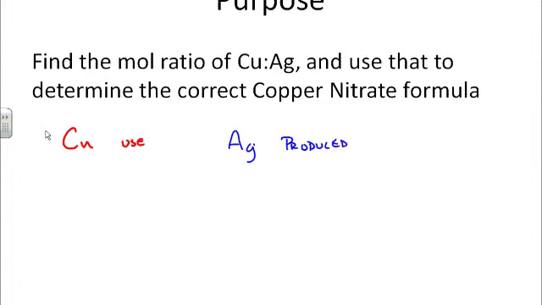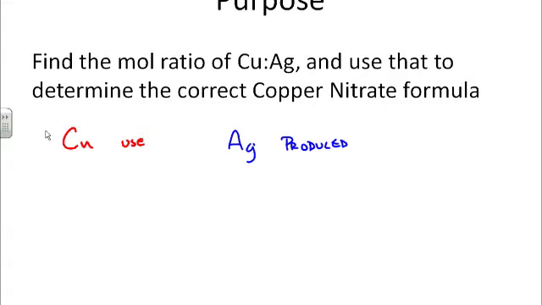So in our reaction, we start off with a copper wire, we're going to end up with silver crystals at the end. So we're going to measure how much of the silver we're going to produce by filtering it and then drying that filtered material.